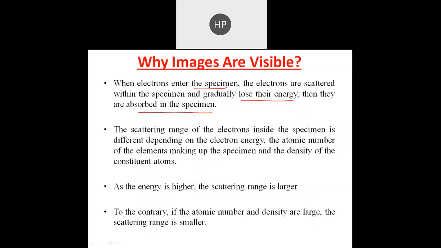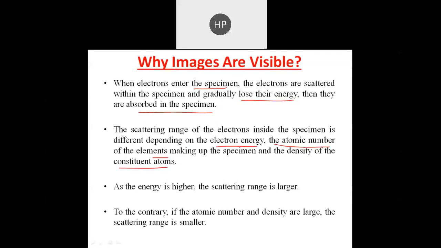The scattering range of the electrons inside the specimen is different and depends on the electron energy, the atomic number of the elements making up the specimen, and the density of the constituent atoms.